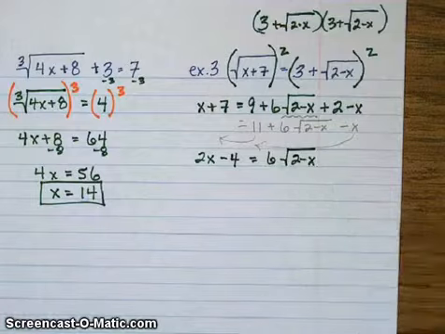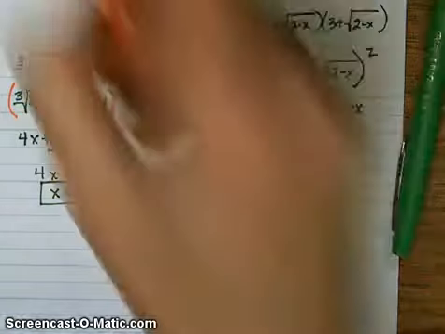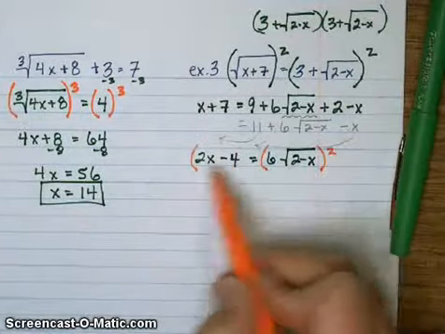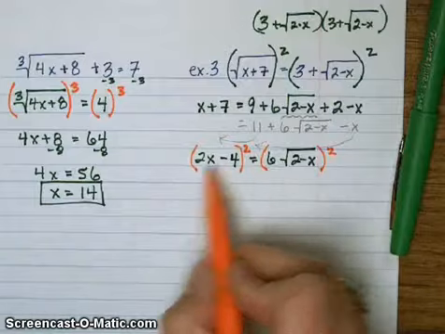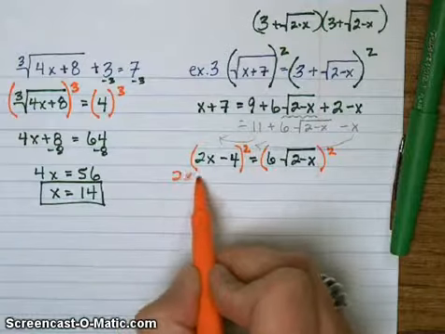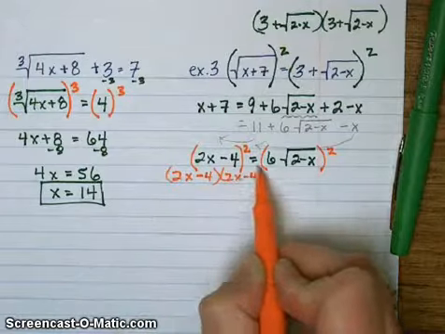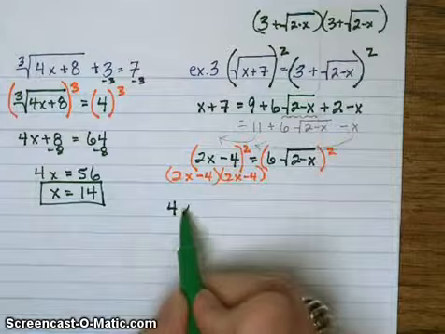Now I'm pretty good. I can take this and get rid of that square root if I square both sides. And I think I may come close to running out of time, so we'll see how far we get here. Square this, and that's 2x minus 4 times 2x minus 4, so we have to FOIL that out. That becomes 4x squared.